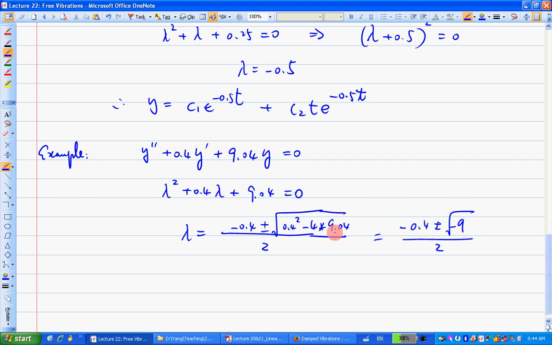And then 4 by 9.04, oh yeah, actually negative 36. Oh, I have some errors here maybe. Yeah, you're right. I got some errors in my lecture notes there. So negative 36.